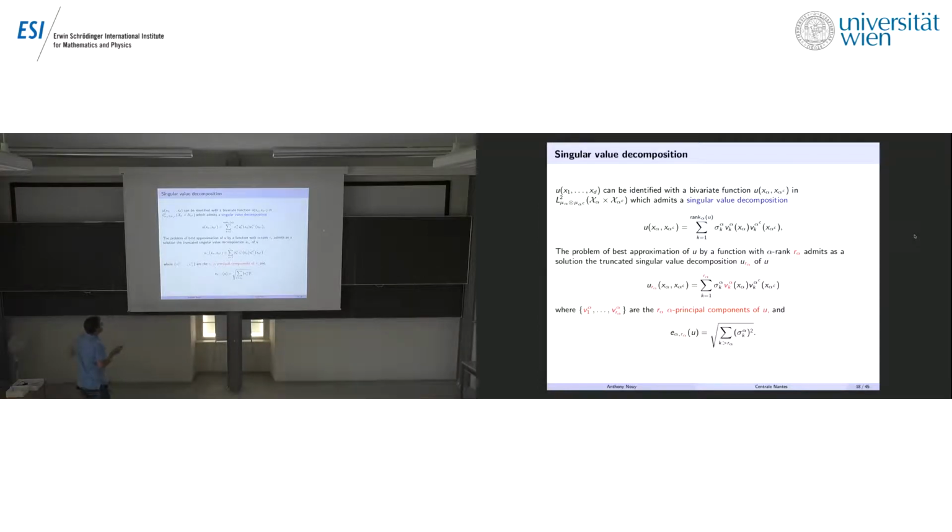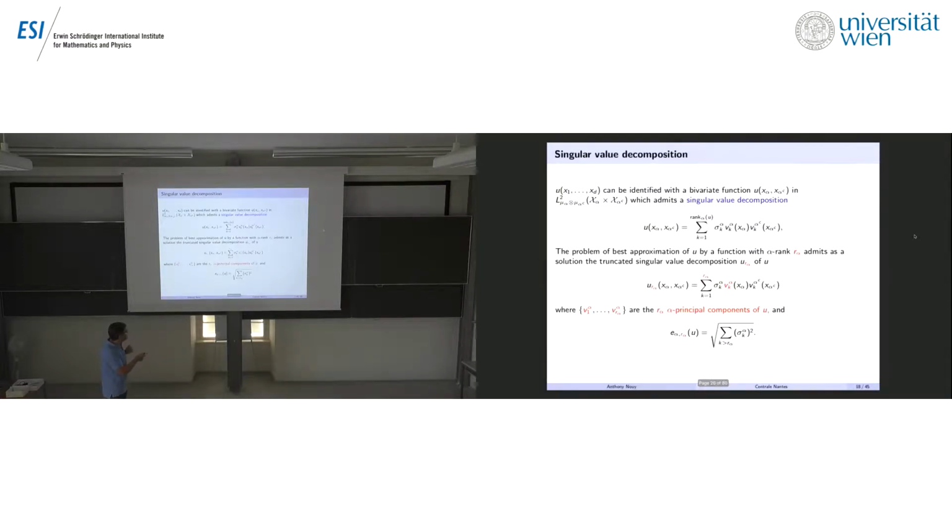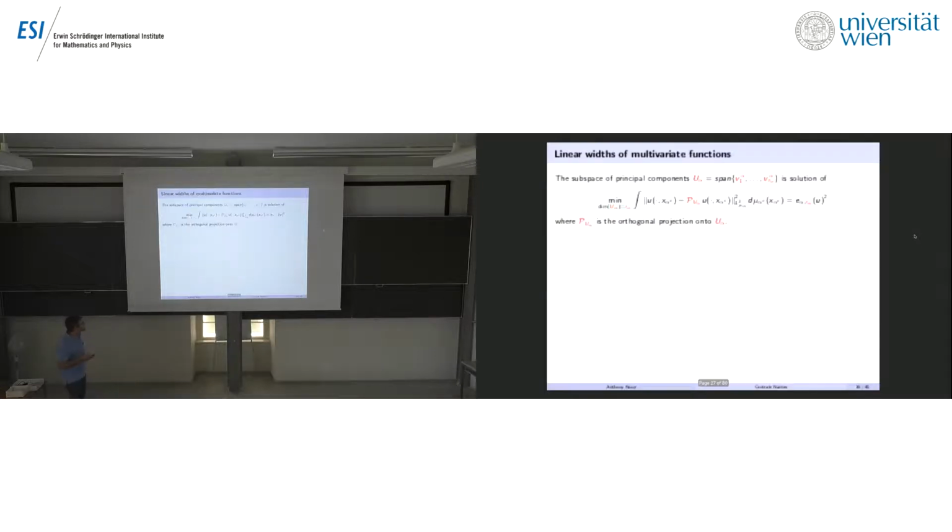Now it is well known that the best approximation error by elements of alpha rank bounded by R_alpha is obtained by truncating this singular value decomposition at the rank R_alpha. And this best approximation error is a function of the singular values you have rejected, okay? You have truncated this decomposition, and the other singular values appear in this expression of the error.